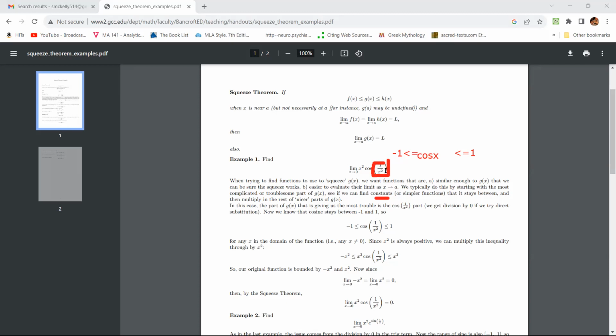So whatever this argument is here, this argument here is going to be between -1 and 1, isn't it? So I can say that -1 is less than or equal to cosine 1 over x squared, which is less than or equal to 1, right? Because this is just an argument of cosine.